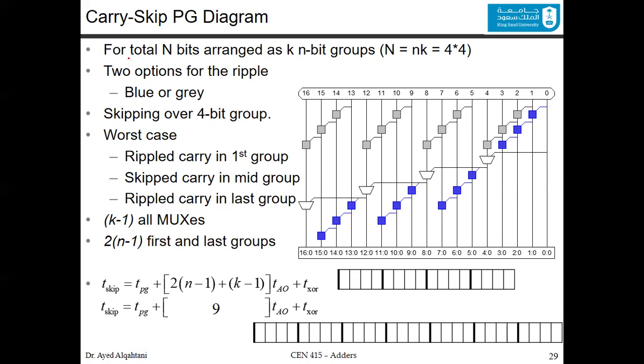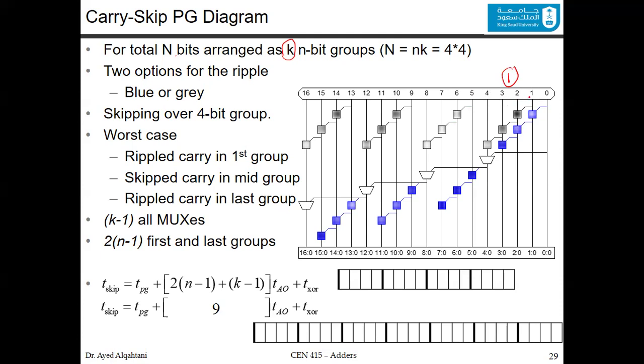So if we say for a total of n bits that are arranged as k groups of small n bits. In our example, we had 4 groupings. The first group is from 1 to 4.